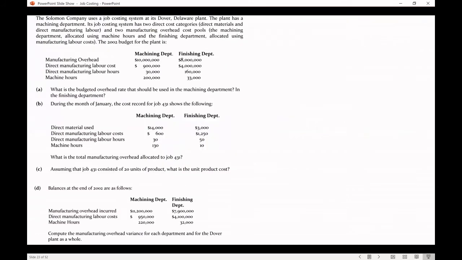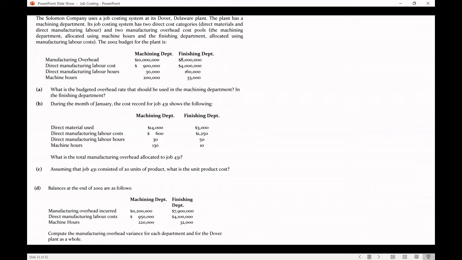All right, so part D. Balances at the end of 2002. Remember, at the end of the period is where you know your actual cost, right? So the balances at the end are as follows, and they still have information from both the machining and the finishing department. So you have manufacturing overhead incurred.